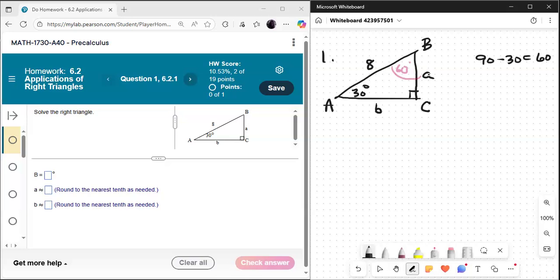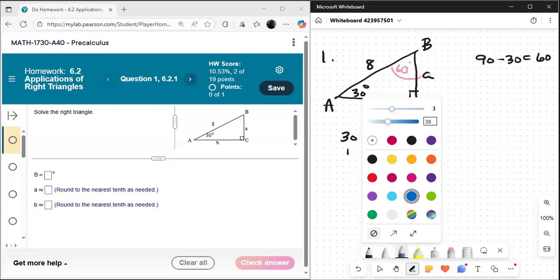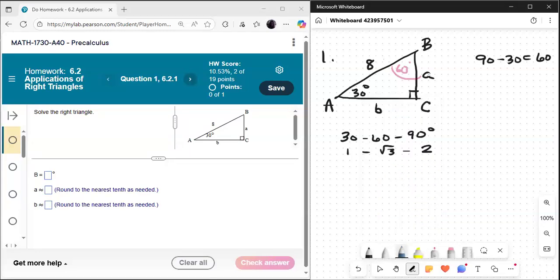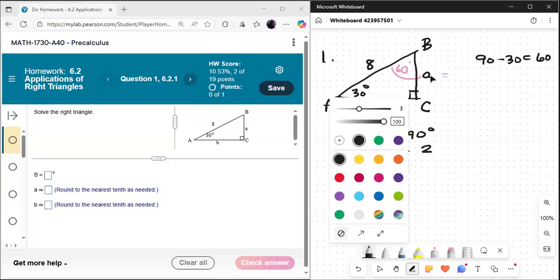Using what we know about 30, 60, 90 triangles, a 30, 60, 90 has a ratio of 1, square root of 3, 2. So we will let A be 1x, because it's a ratio and we're not sure what x is.